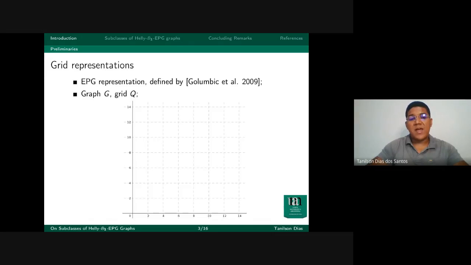Basically, we have a grid that can be visualized as a Cartesian plane and a graph G, and each vertex of the graph G is represented by a path, and this path is drawn on this grid. This is an EPG representation.